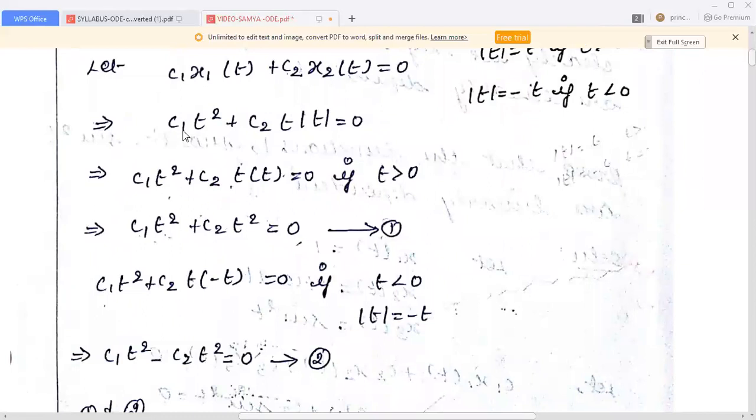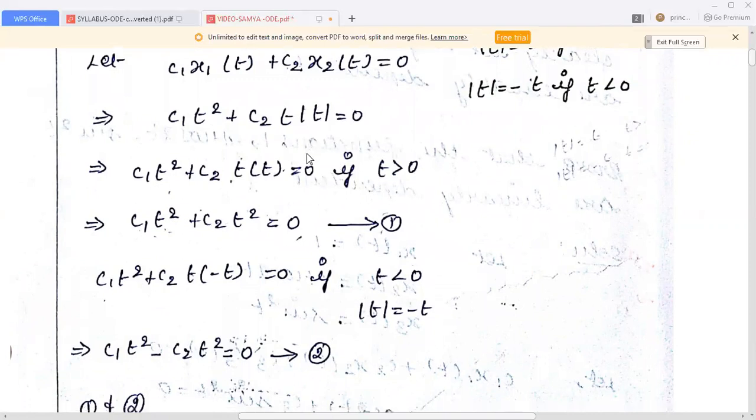So here this implies c1 into t square plus c2 into t into modulus of t equal to 0. This implies c1 into t square plus c2 into t into t equal to 0 if t is greater than 0. Here modulus of t equal to t if t is greater than 0, so we have applied this one option.